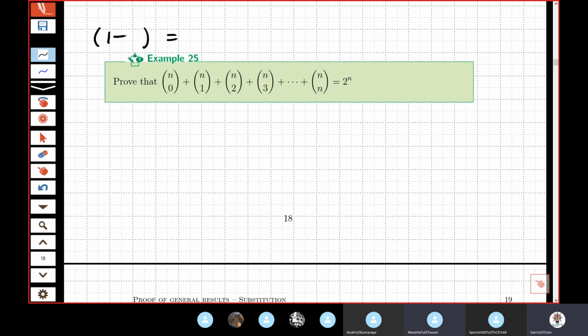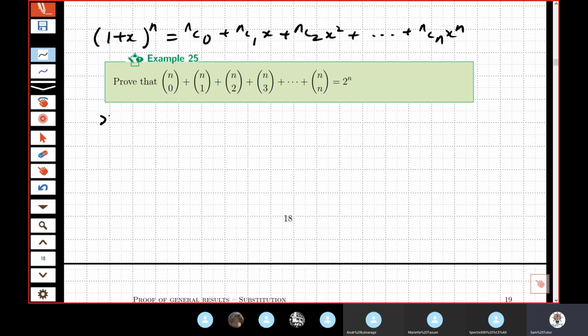One plus x to the power of n equals. You need that first. Cool? So n choose 0 plus n choose 1 x plus n choose 2 x squared plus dot dot dot, it has to be 3 dots minimum, plus n choose n x to the n. Come on, I'm sure we see it, right? What do we do?